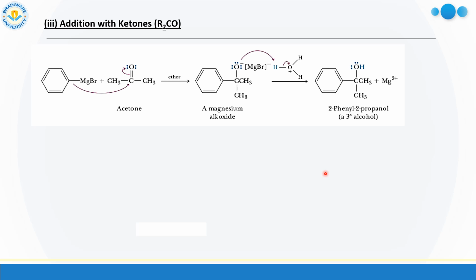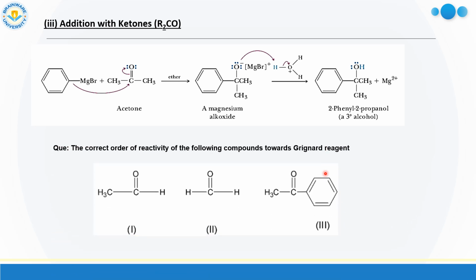It is a one-step process. Now there is a question: what should be the correct reactivity order? The first one is acetaldehyde, then formaldehyde, and the third has a benzene ring on one side and methyl on the other.